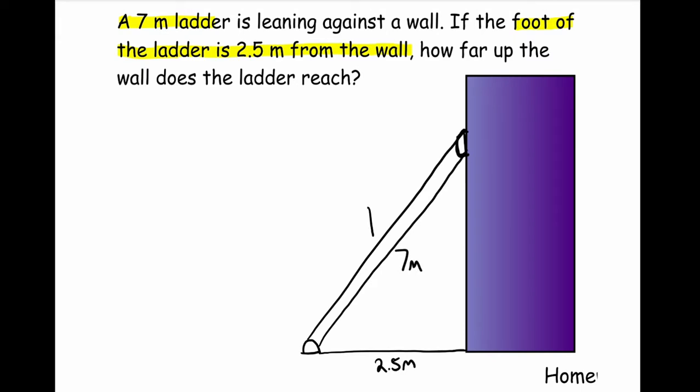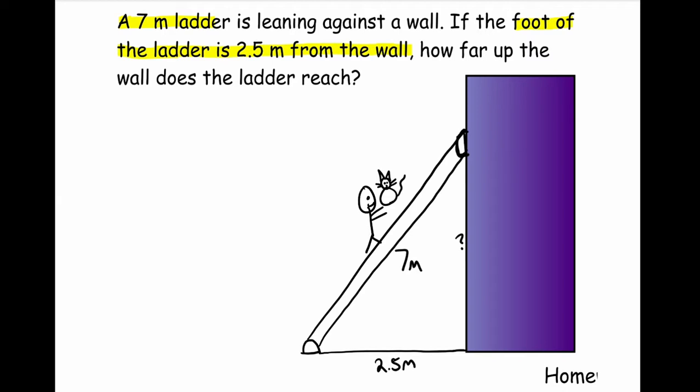We can also, if we want, say someone's climbing the ladder. Maybe they're climbing to rescue their cat. Fat cat jumped on top of the wall. So ladder's leaned up against the wall. We want to know how far up the wall does the ladder reach. So I'm looking for this height.